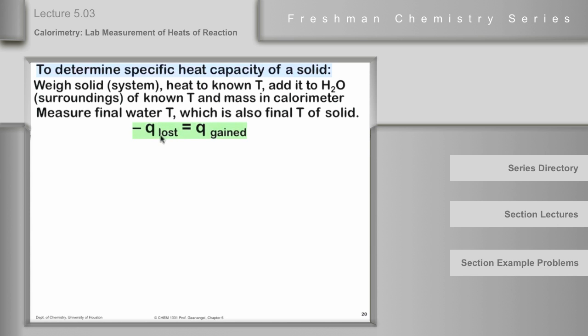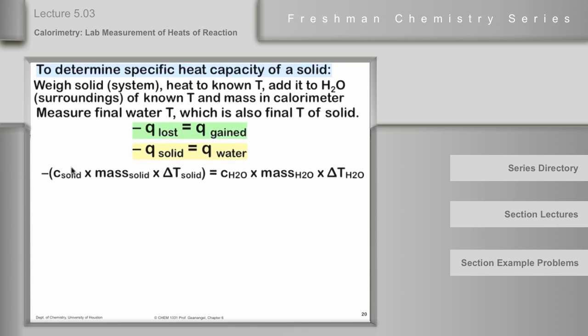We'll plug in for that C of the solid times the mass of the solid times delta T of the solid, which is the final temperature minus the initial temperature. That's minus Q of the solid. Q of the water is C of water, 4.184 joules per gram Kelvin, times the mass of the water, times delta T, again, T final minus T initial.